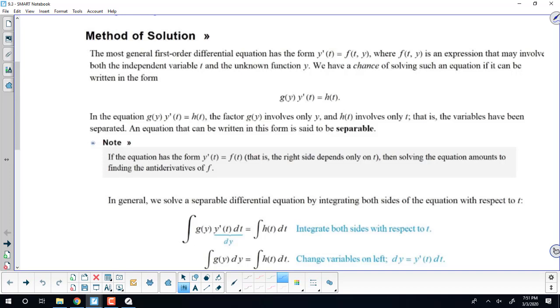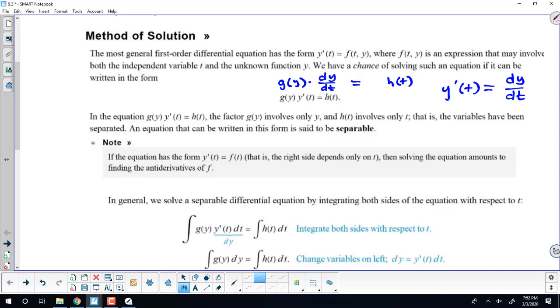That's separated because y prime of t, you want to think about as the derivative of y with respect to t. When we integrate this, we say this is g of y, this function of y, times y prime, which is dy over dt, equal to h of t.